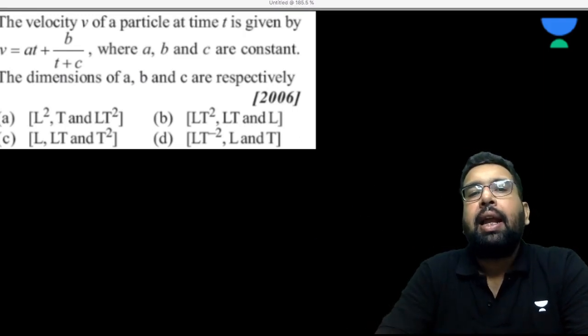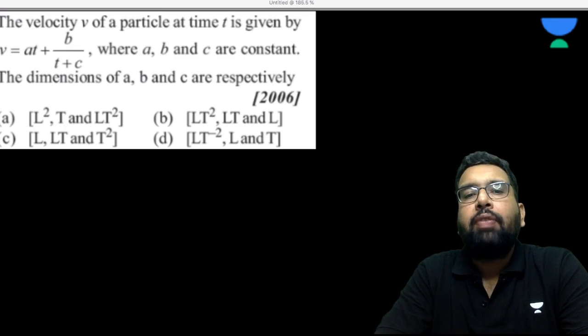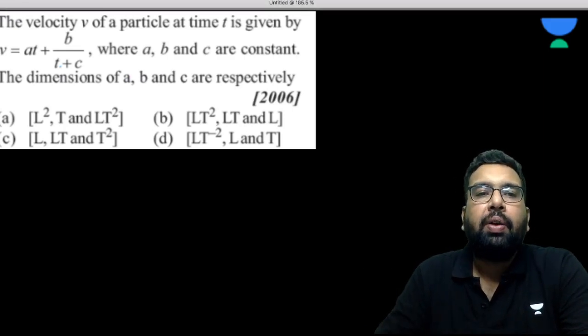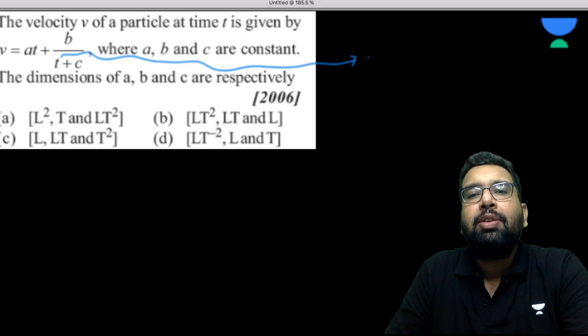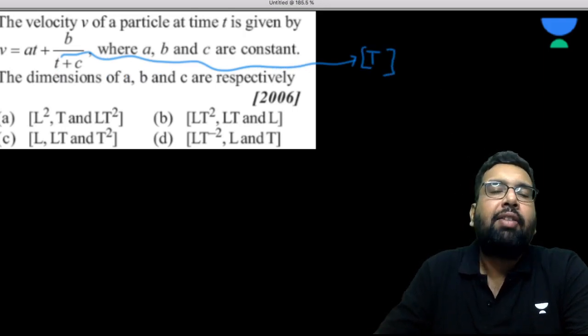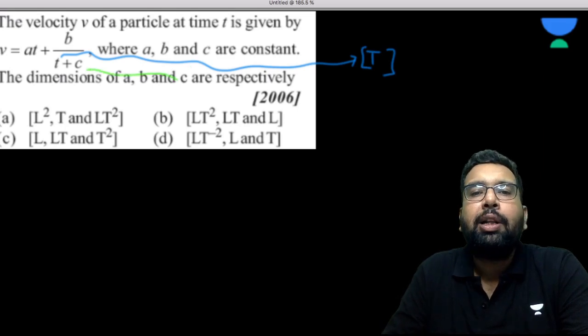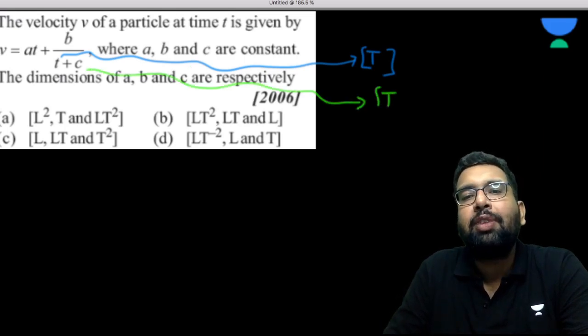We have seen that two physical quantities can only be added when they have the same dimension. So t has the dimension of t, and this is having the dimension of t, obviously. So what would be the dimension of c? The dimension of c should be T.